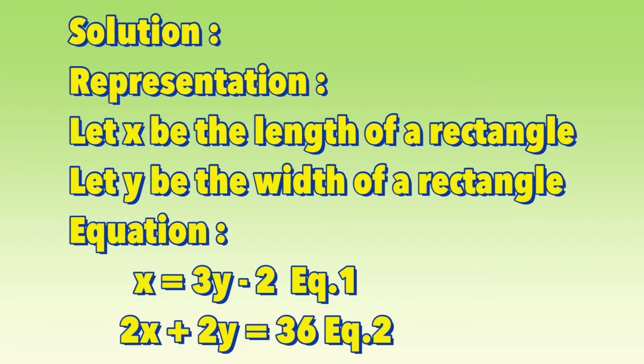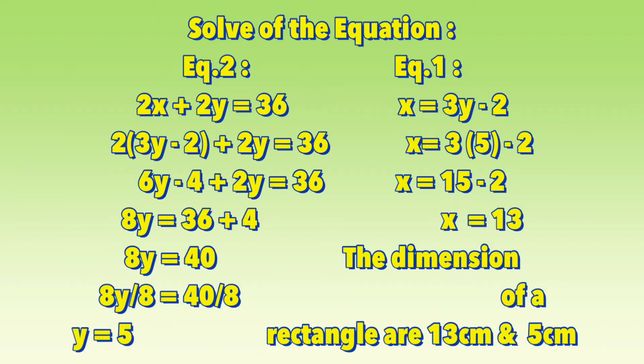So our equation 1 is x equals 2y minus 2. The next equation, equation 2, is 2x plus 2y equals 36, because 36 is the perimeter. And remember, in finding the perimeter of a rectangle, we have the formula 2 times the length plus 2 times the width.